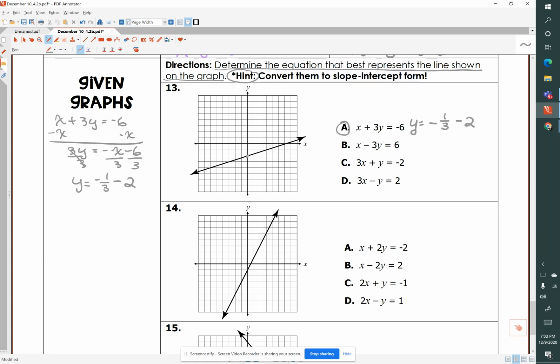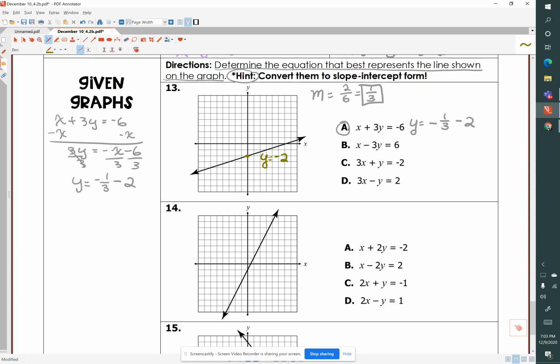So what do we got here? We've got a point right here and a point right here. Let's figure out the slope of this thing. We have 1, 2, 1, 2, 3, 4, 5, 6. So our slope is 2 over 6, which we convert to 1/3. So our slope is 1/3. And this graph, I'm going to erase this so we can see it better again, crosses the y-axis at y equals -2.